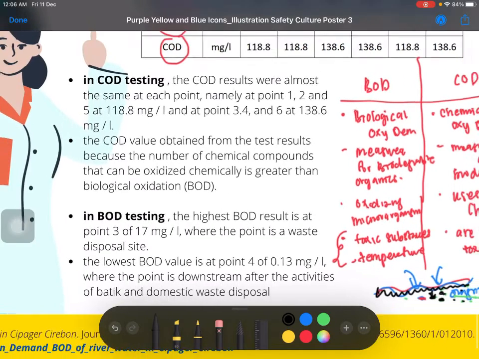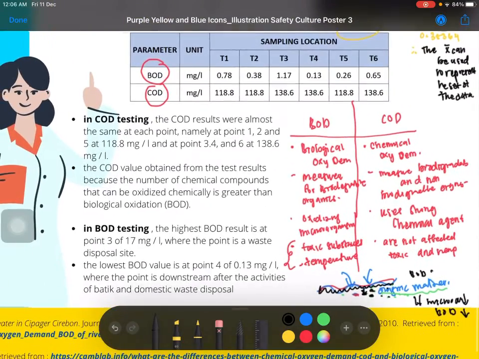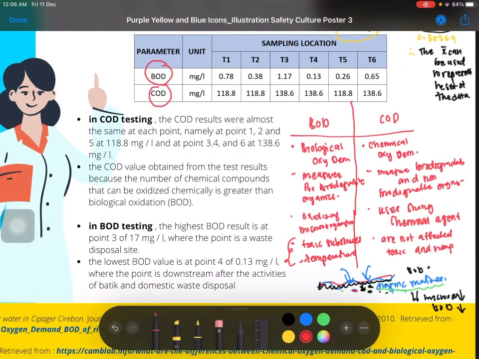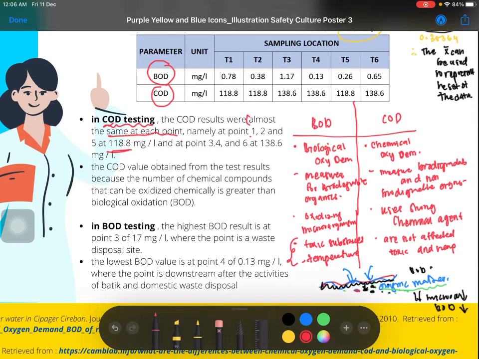Next, I'm going to explain COD testing. The COD results were almost the same, as I said earlier. At points 1, 2 and 5 you can see 11.8, and at points 3, 4 and 6 it is 138.6.